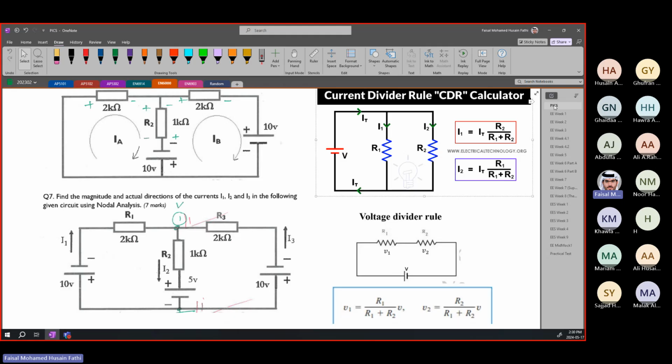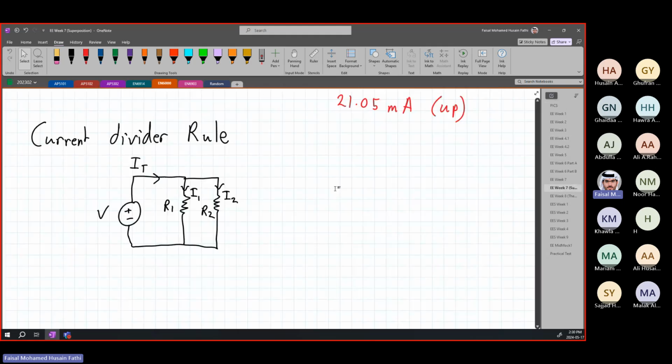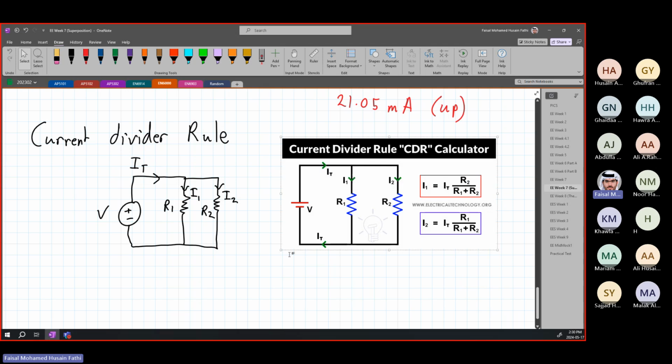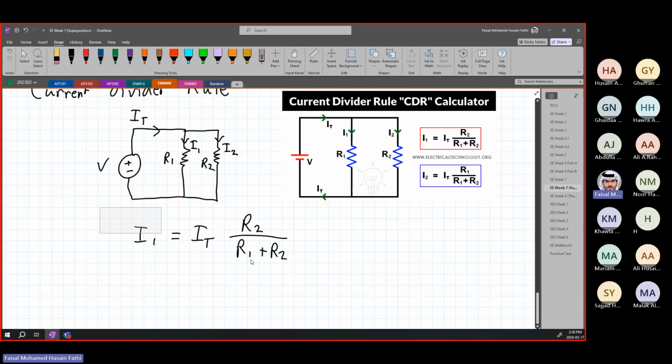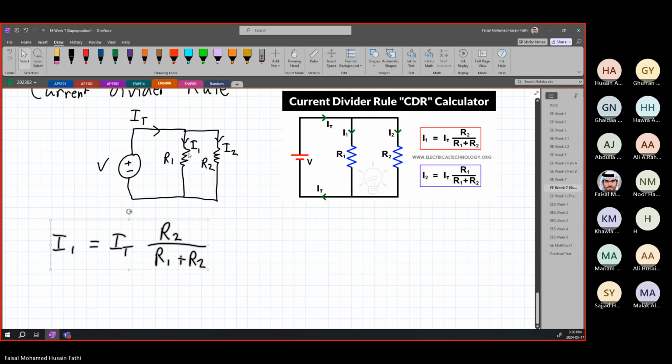You're going to have this equation that you can apply. I1 is going to be equal to I total, which is the current entering the two parallel resistors, times R2, which is the other resistance, over R1 plus R2. This way you can find I1 directly, as long as you have the total current.